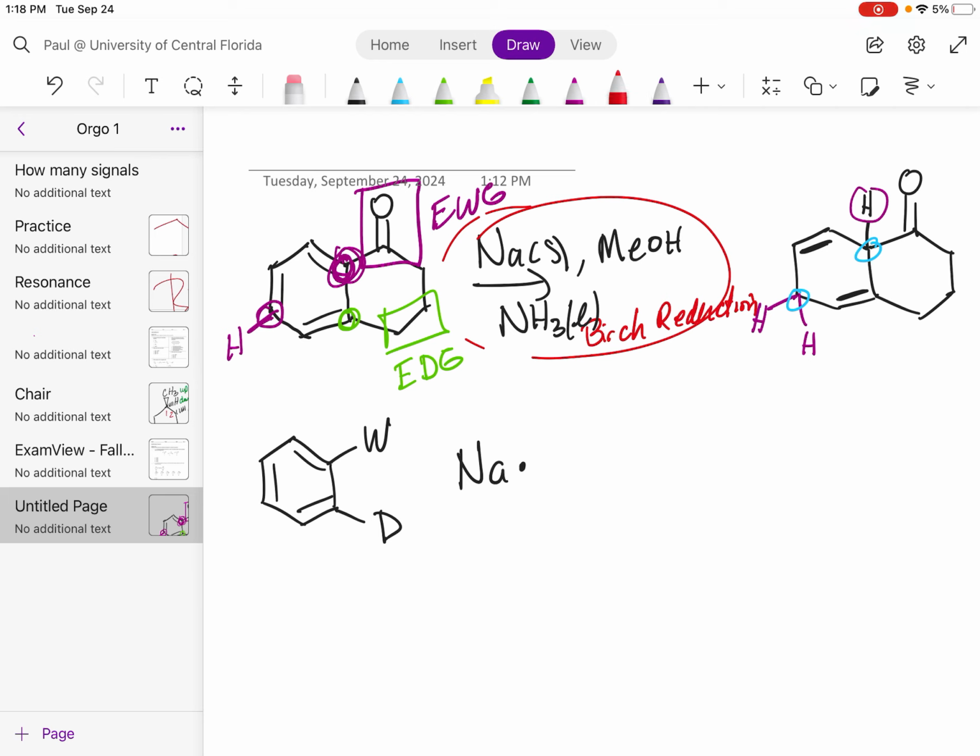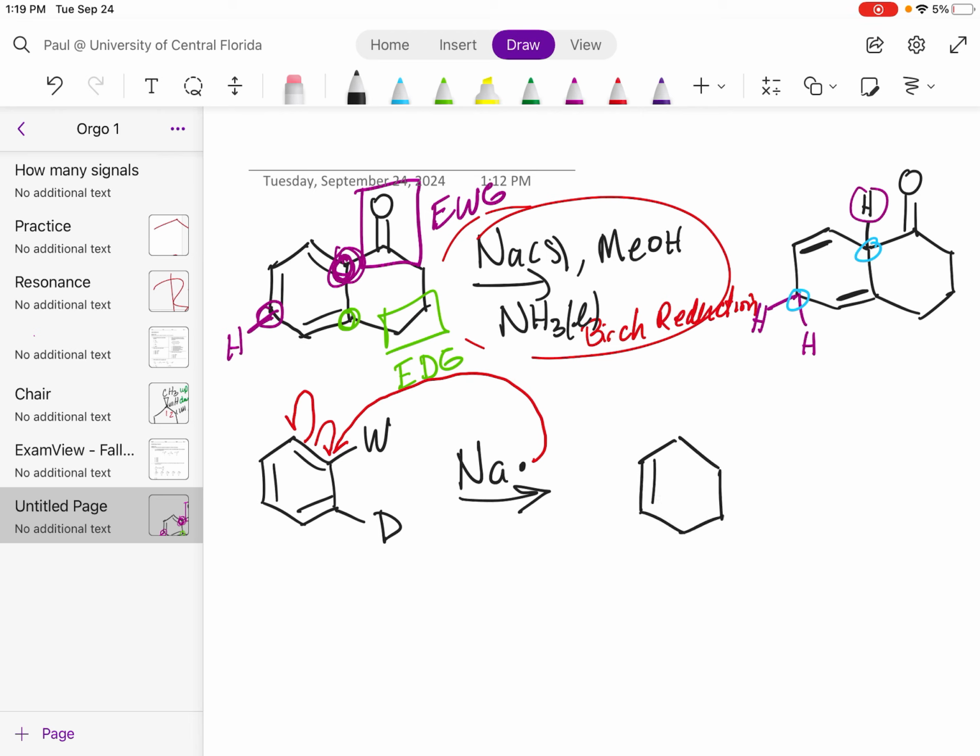And so what's going to happen is that we're going to have this radical mechanism in which we're going to take 1 electron and stick it on that carbon that's attached to the electron withdrawing group, and then the other electron in that pi bond to that carbon. But the electron from the sodium is going to come and be placed right on that carbon that's directly attached to the electron withdrawing group.